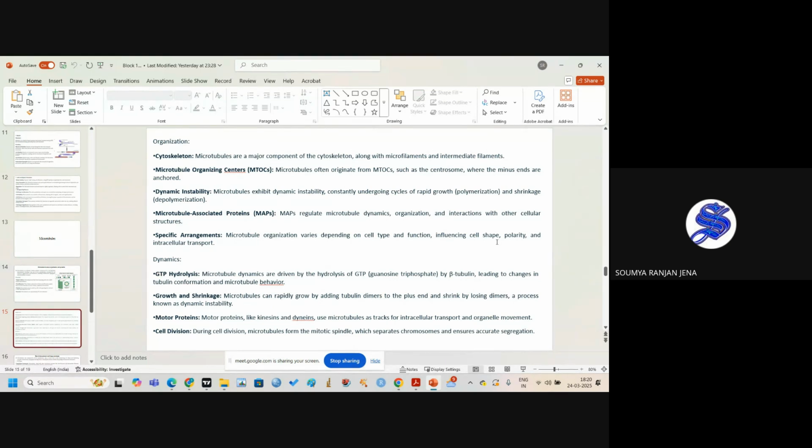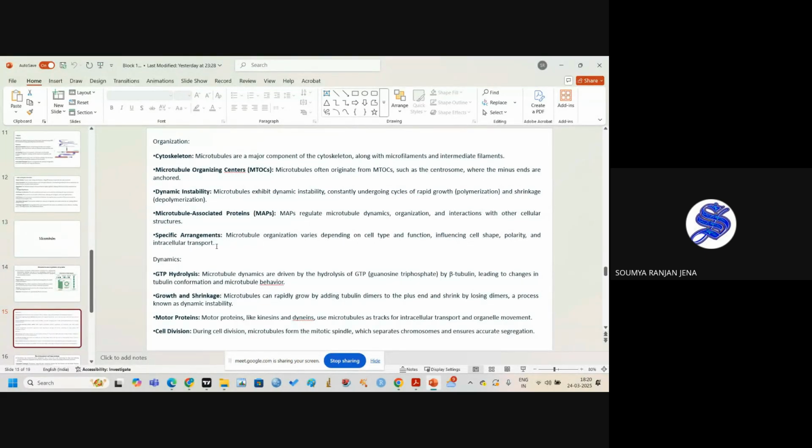With the help of microfilaments, this transports different proteins or vesicles inside the cells or from the cell to the outside.